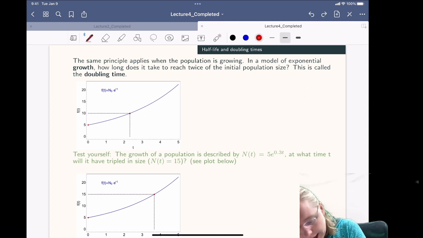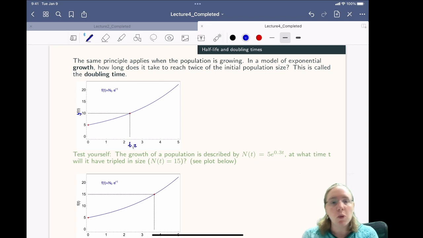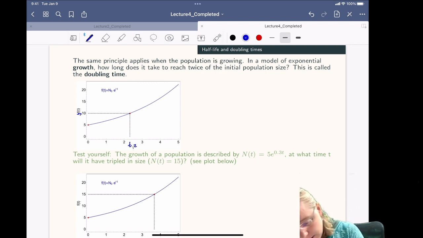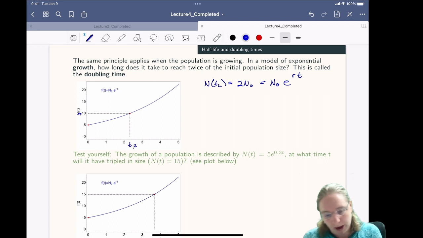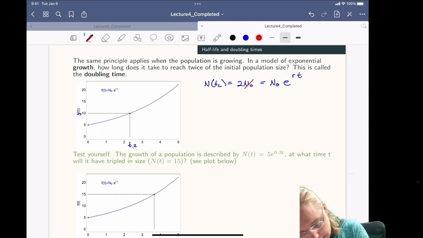So in this case, we're asking, how long does it take until I double in my initial size? So if I start at 5, how long does it take until I get to 10? What is that special t? So in this case, I have N is equal to 2 times the initial value is equal to N0 e to the r t. Now notice that the r here is positive because it's growing. Once again, we can cancel the N0s on both sides, and we just end up with 2 is equal to e to the r times t.